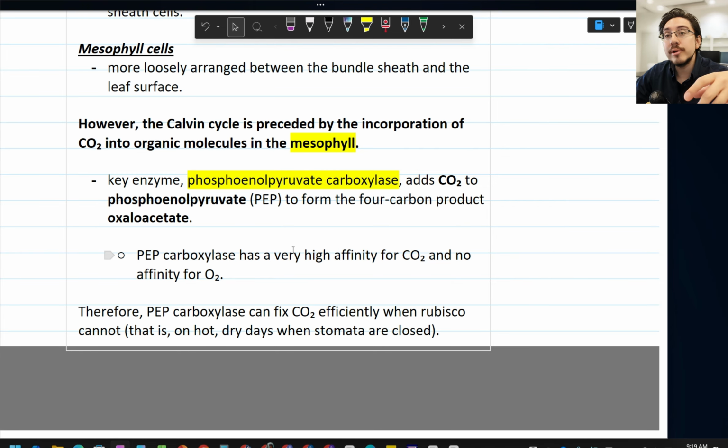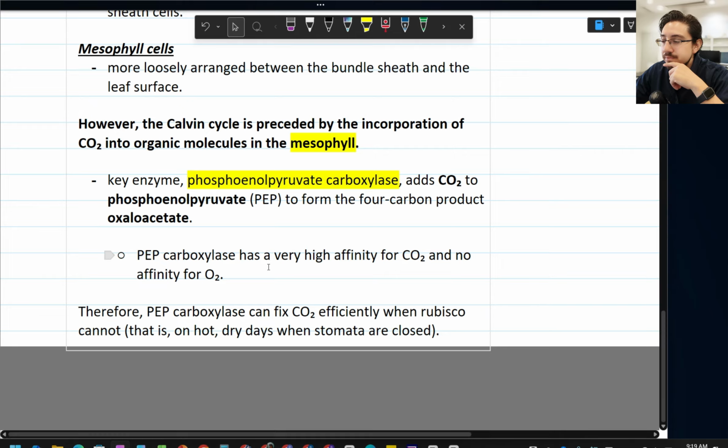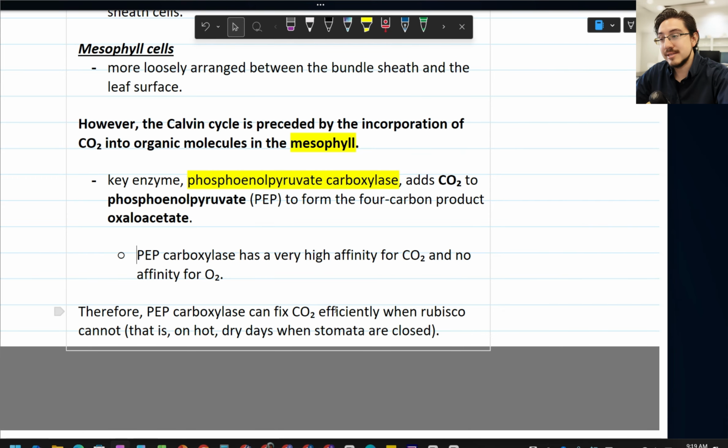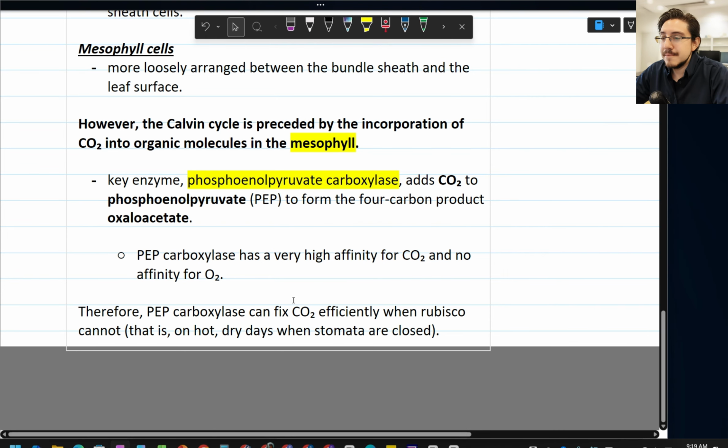You don't have to worry about photorespiration occurring because this is a very carbon dioxide specific situation. So PEP carboxylase can fix carbon dioxide efficiently when Rubisco cannot. Remember, Rubisco is fixing oxygen in photorespiration. In this case, you have another enzyme, so be mindful of that.